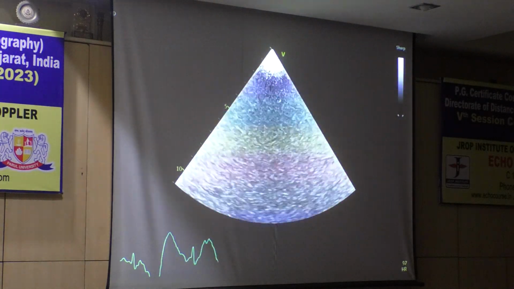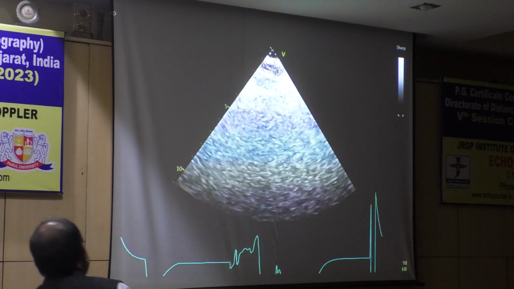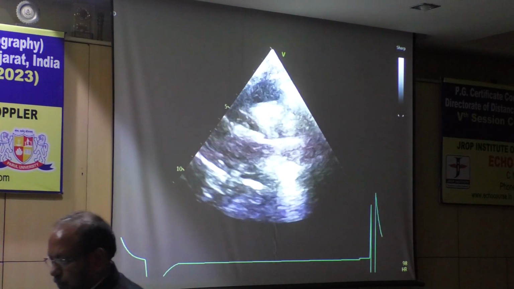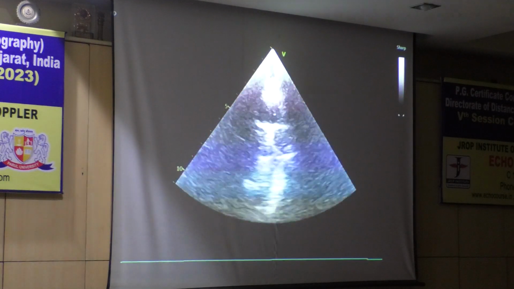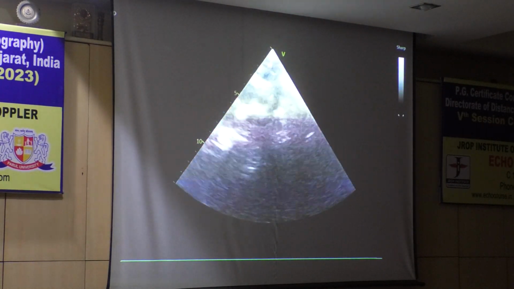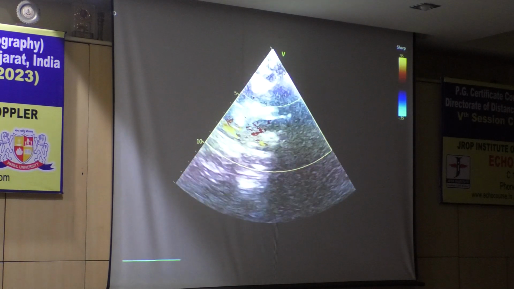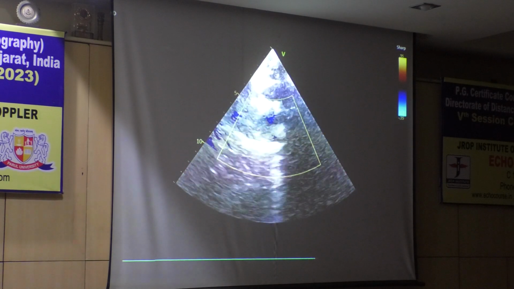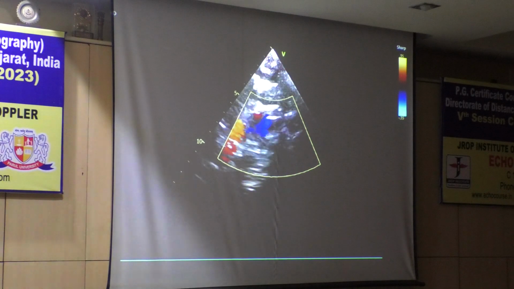Then one more view is the crab view. Suprasternal crab view. Pointer towards 2 o'clock or 1 o'clock. So this is the crab view. Reduce the 2D gain and start seeing the left lower.